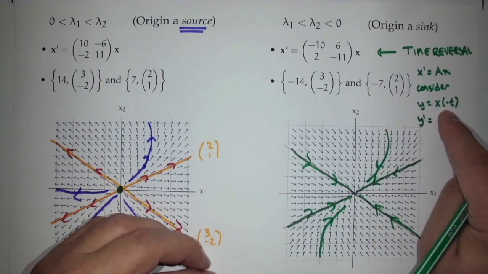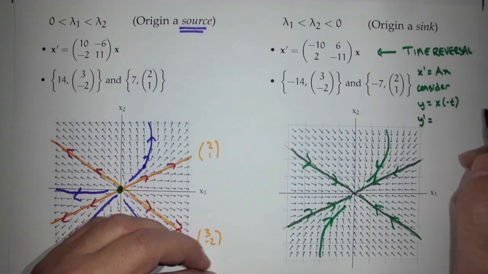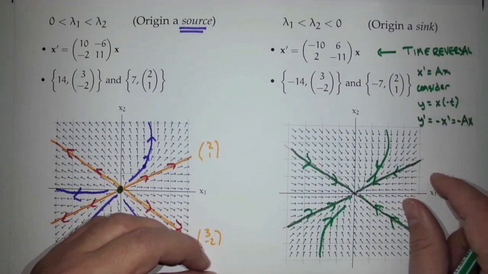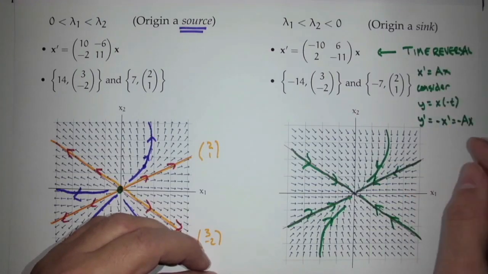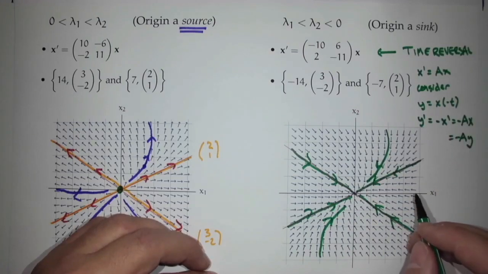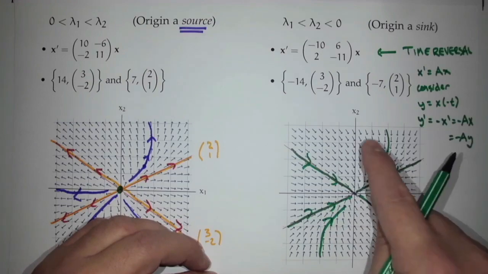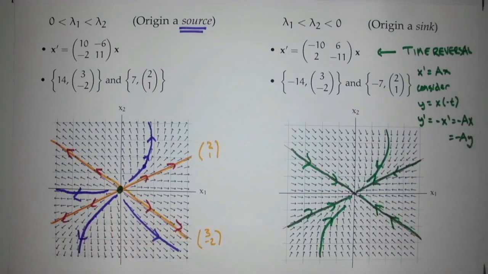Think chain rule. That'd be negative x prime, which would be negative Ax, because x prime equals Ax. And now, that makes it negative Ay. So that's why you get this reversal. So you can always say, hey, if I want everything to change directions, change your matrix to the negation of it.